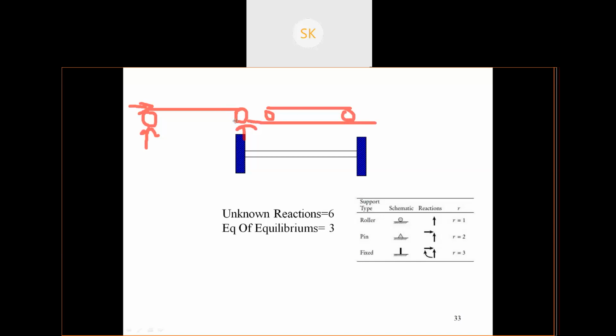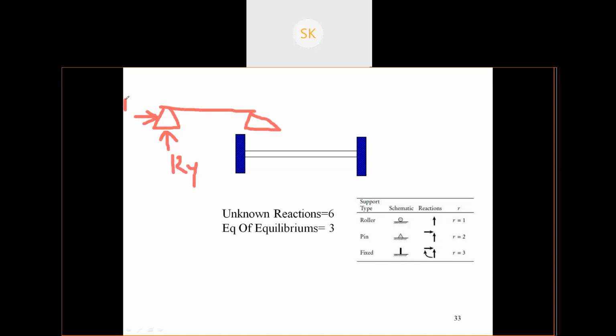To resist this movement, what do we do? We provide a pin or hinge joint. What is the purpose of the hinge joint? It resists vertical forces and horizontal forces. Now we need y and we need x also. These two equations, x and y.